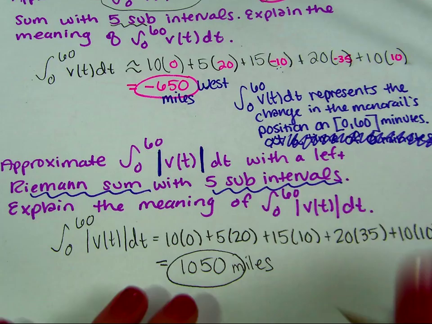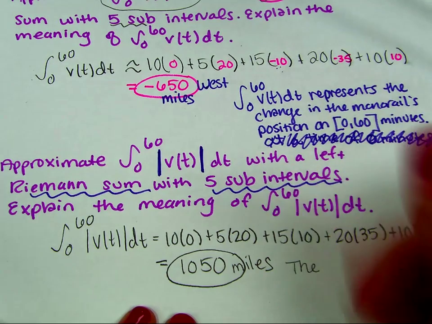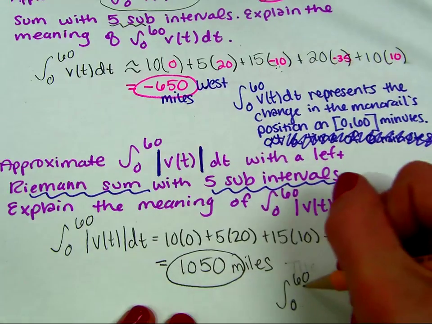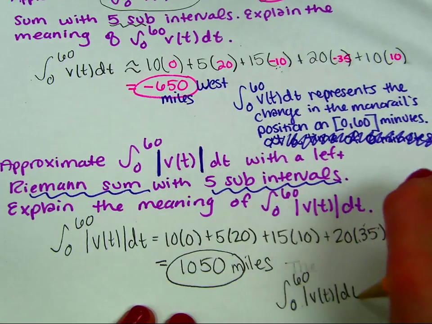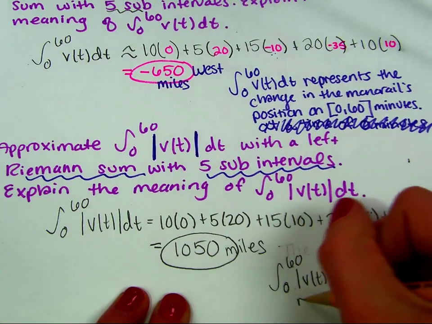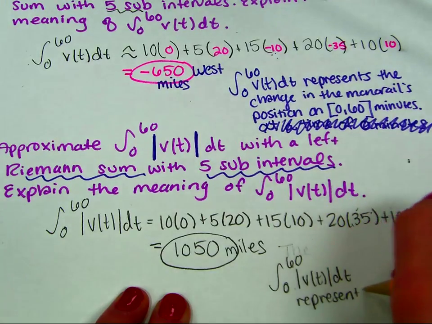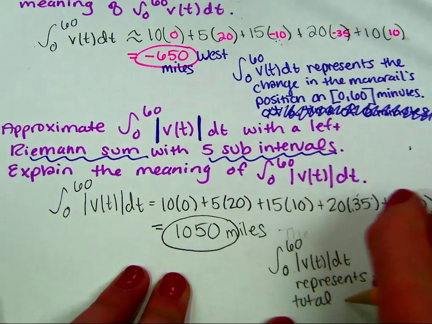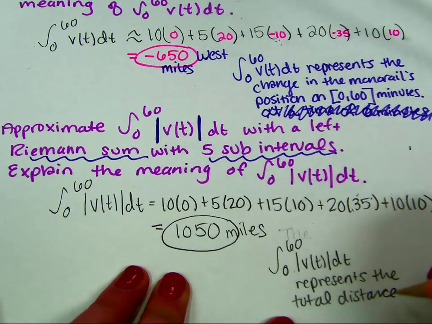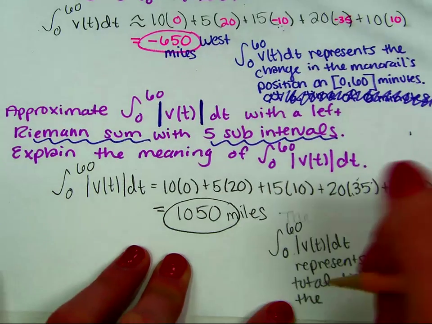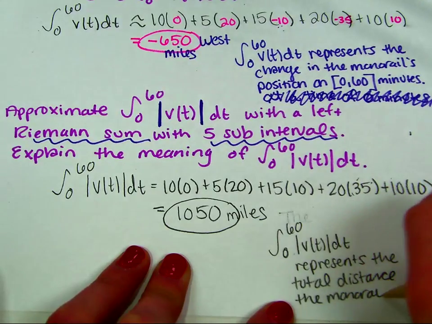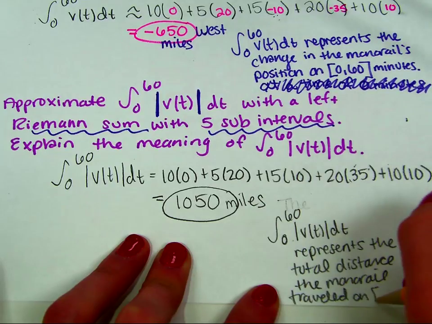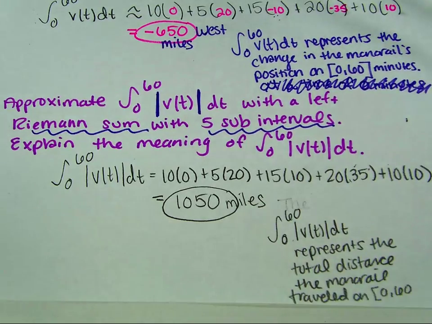So let's actually state it: the integral from 0 to 60 of the absolute value of v of t dt represents the total distance the monorail traveled on 0 to 60 minutes.